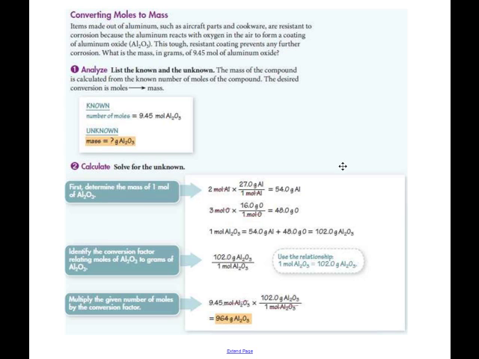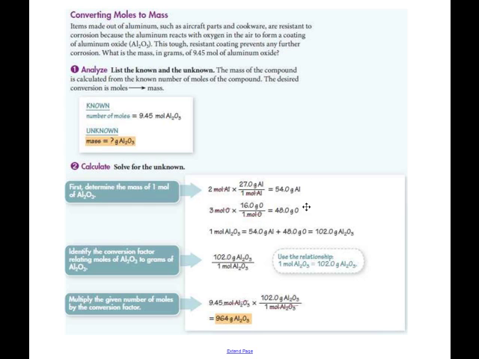So if I'm looking at the molar mass, if I have 2 moles of aluminum and there's 27 grams in 1 mole of aluminum, that's from the periodic table, then I'm going to have 54 grams of aluminum. And if I have 3 moles of oxygen, 16 grams of oxygen per 1 mole, again straight from the periodic table, I have 48 grams of oxygen.